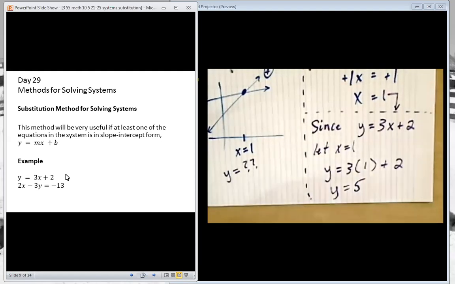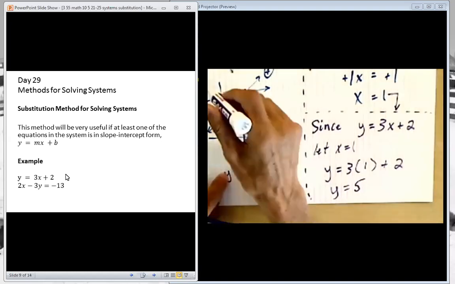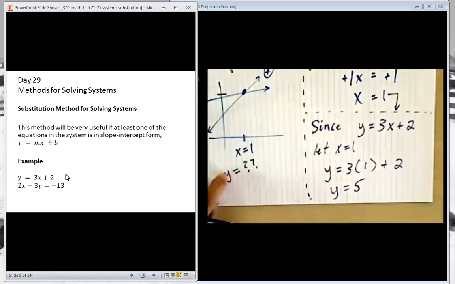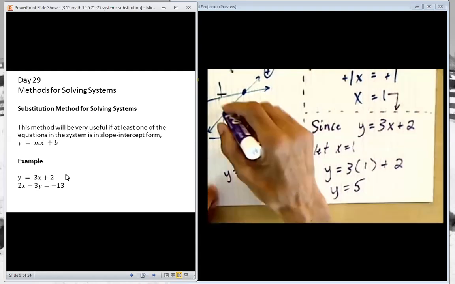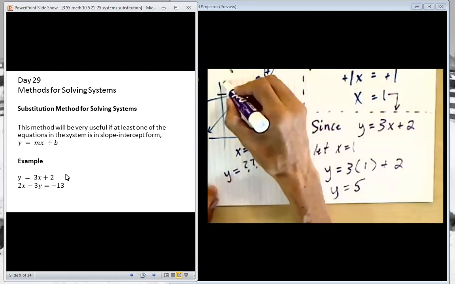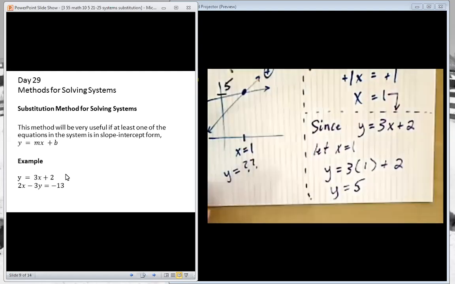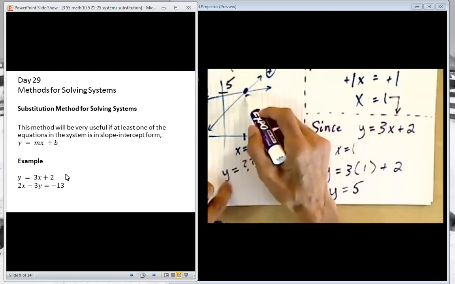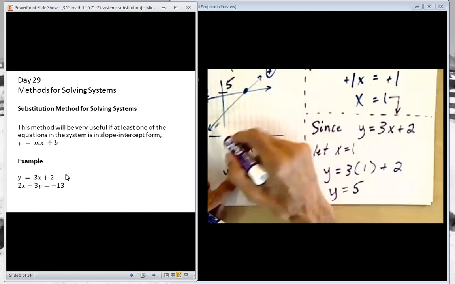So what have we got so far? Going back to our picture, we now know the y value. We now know how high it is. We have x is equal to 1, and we know that y is equal to 5. Remember, what we're looking for is where these 2 lines cross.